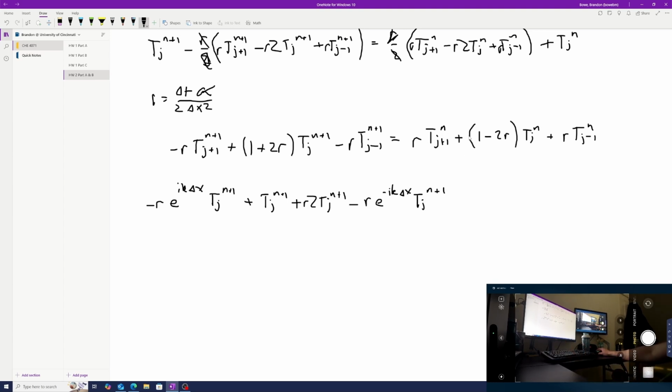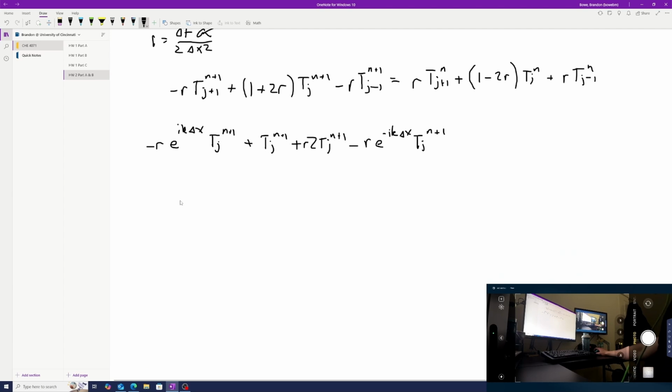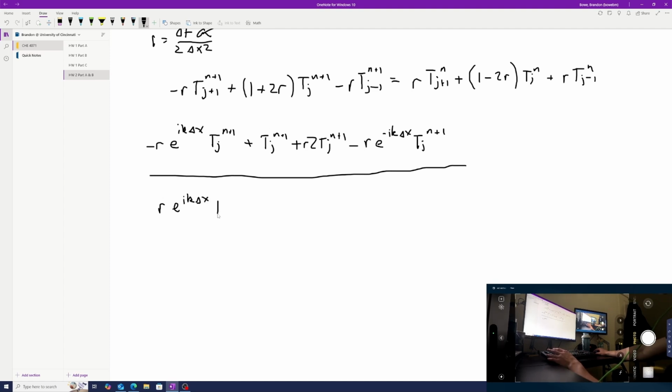So we can do the same thing for the top up here. We'll split these up, giving us r times e to the i k delta x of tjn.